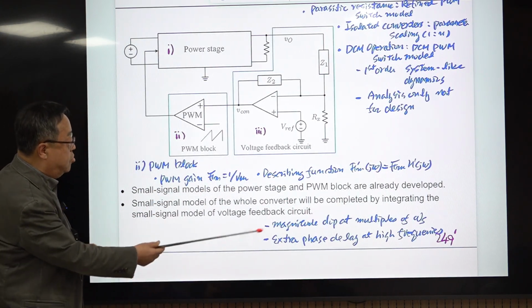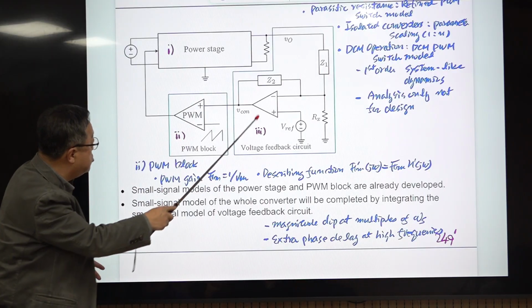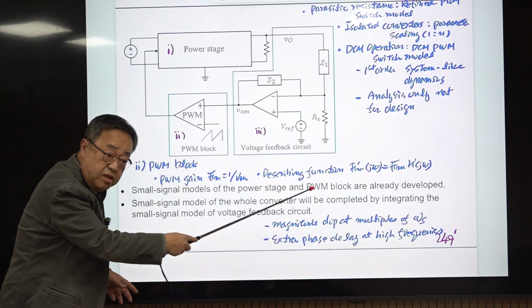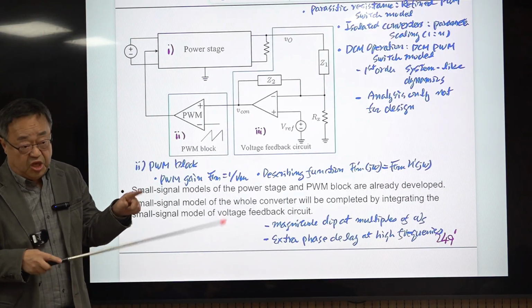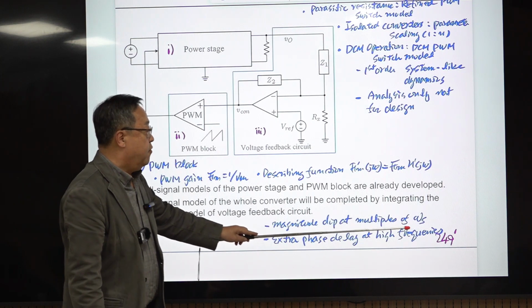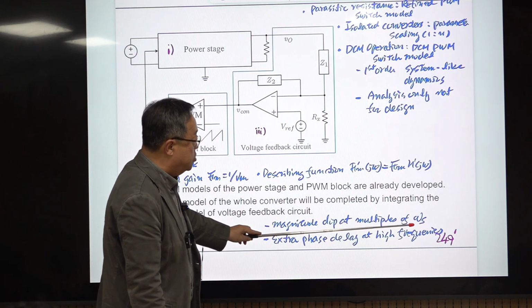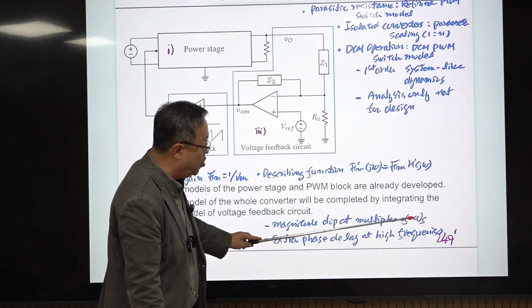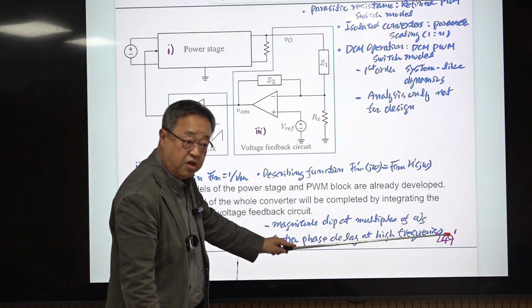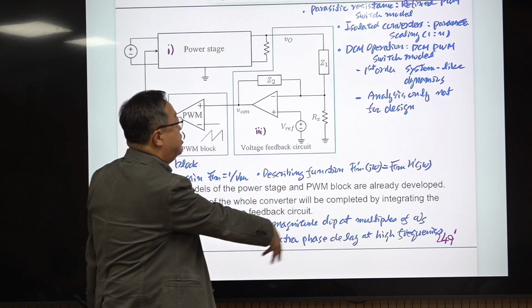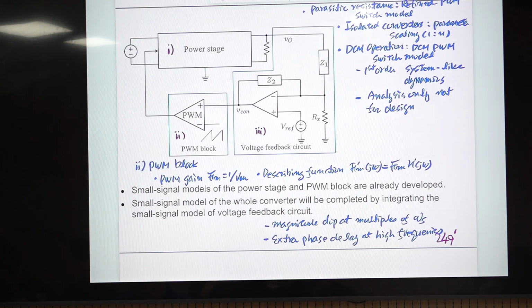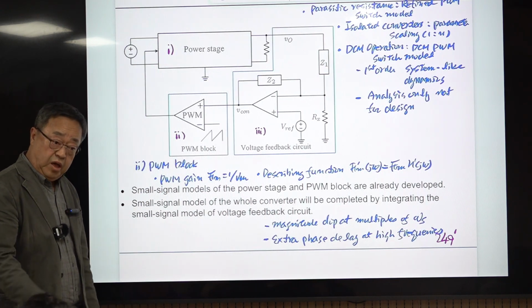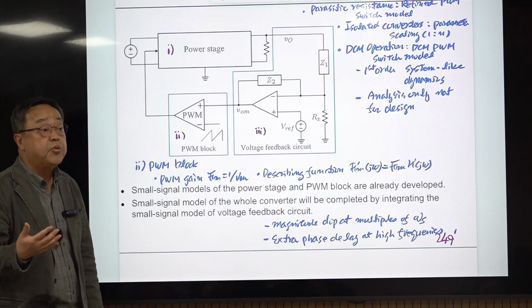And in terms of magnitude, the magnitude shows a very deep dip, probably negative infinity dB, at integer multiples of the switching frequency. It starts from omega s, and then 2 omega s, 3 omega s. So with this knowledge, you are safe to use our small signal model. You can observe this whenever you take measurements and whenever you simulate using the computational method.